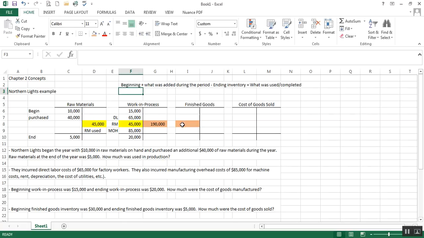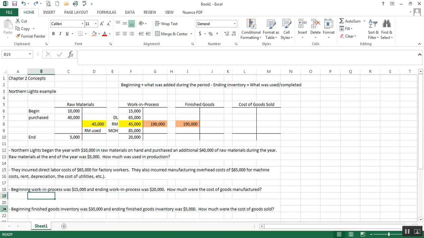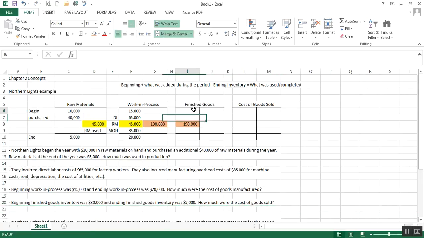Okay? So now we have credited work in process. That means we're going to debit our finished goods. And what do we know about our finished goods inventory? Okay, beginning finished goods was $30,000, and our ending finished goods was $5,000.